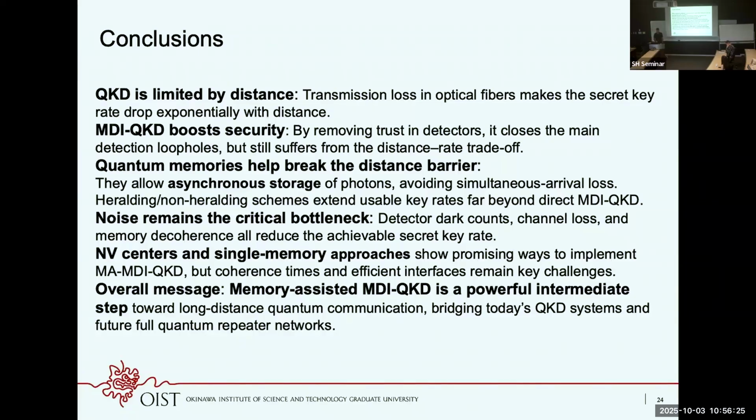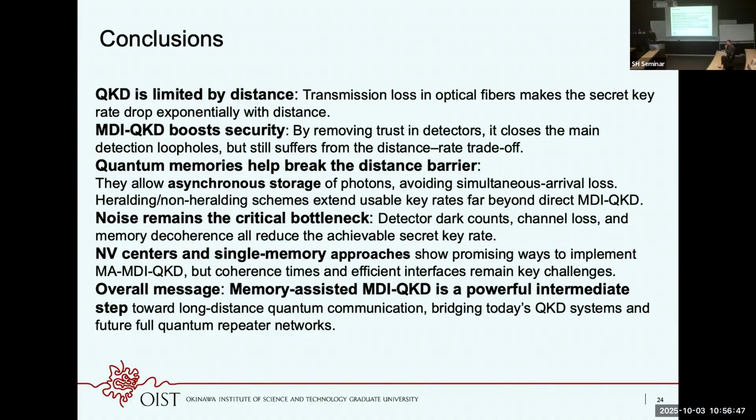This is the most significant method to do so. I also hope you understood how this storage process works. The challenge is to find a very good candidate for quantum memories.